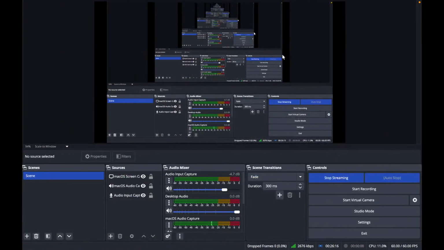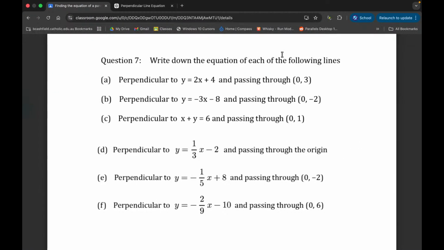I wonder if there's a way for me to add a camera to this. Let's do some slight research on that.